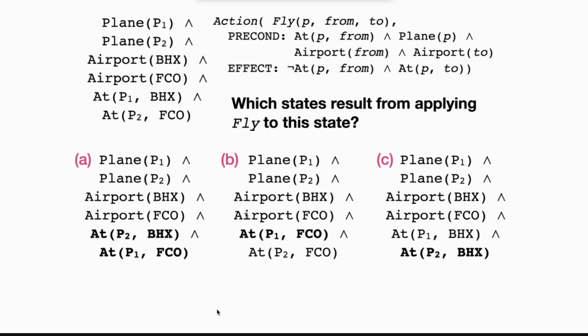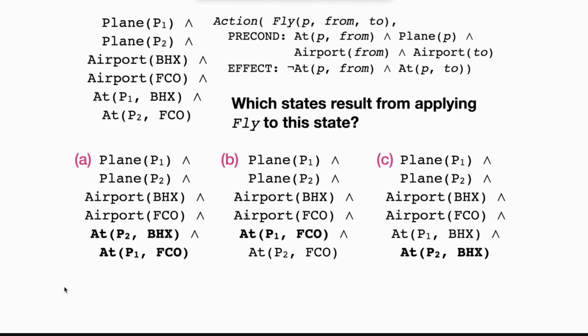Okay. So now this was also a quick quiz. We've got a state at the top. We've got our fly action. Which of these states can we generate in one step by applying our fly action? You can answer.